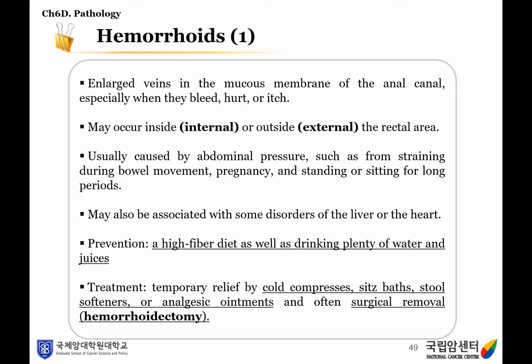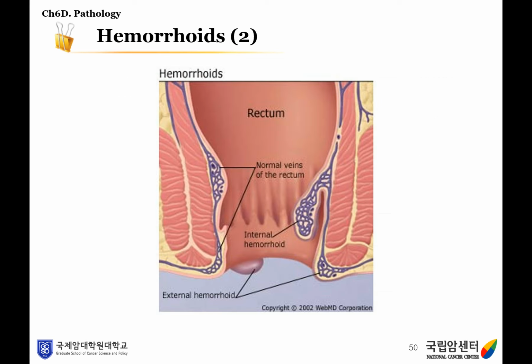As for prevention, you need to have a high fiber diet, as well as drinking plenty of water and juices. As for treatment, there is temporary relief by cold compresses, sitz bath, stool softeners, or analgesic ointments, and often surgical removal, which is called hemorrhoidectomy.